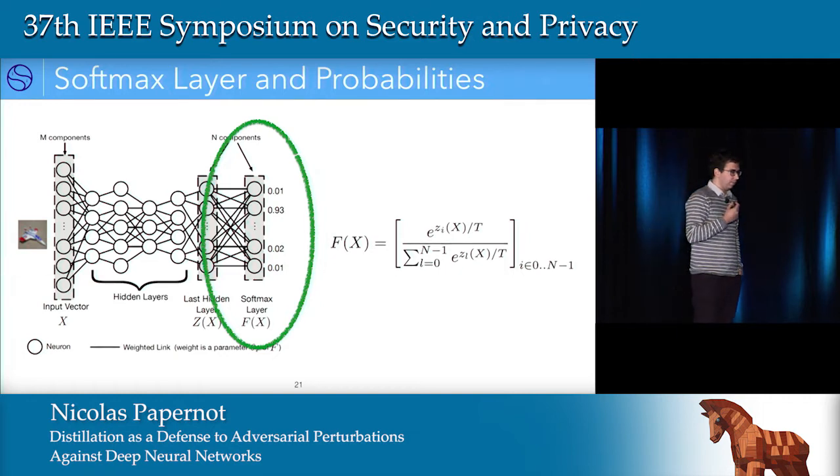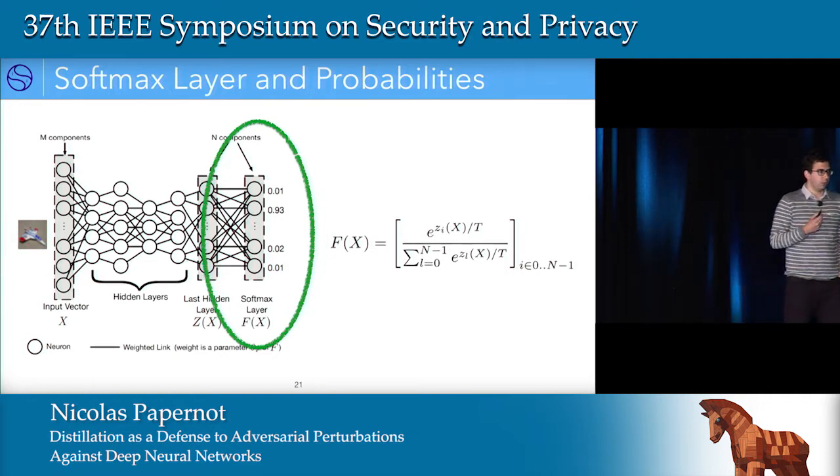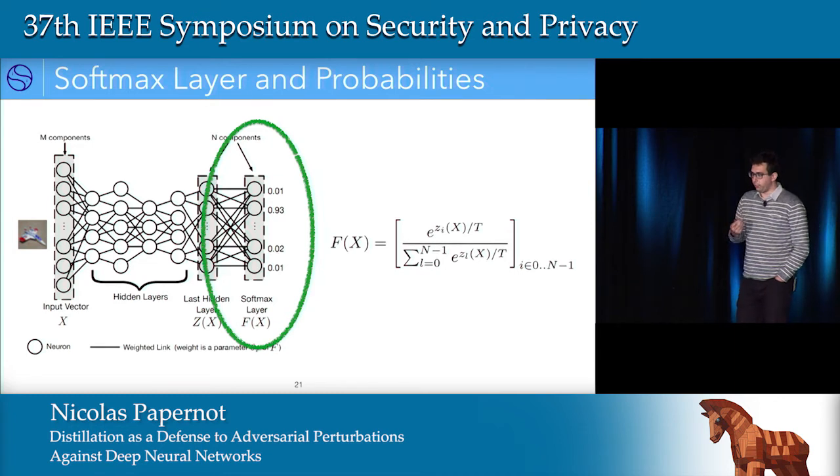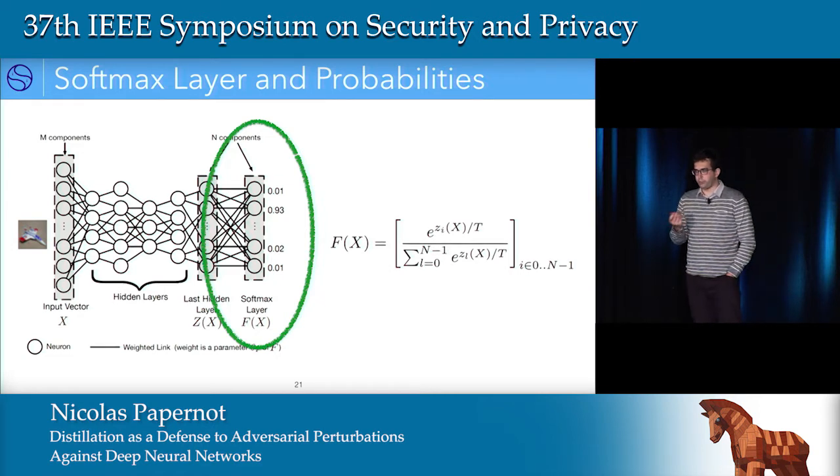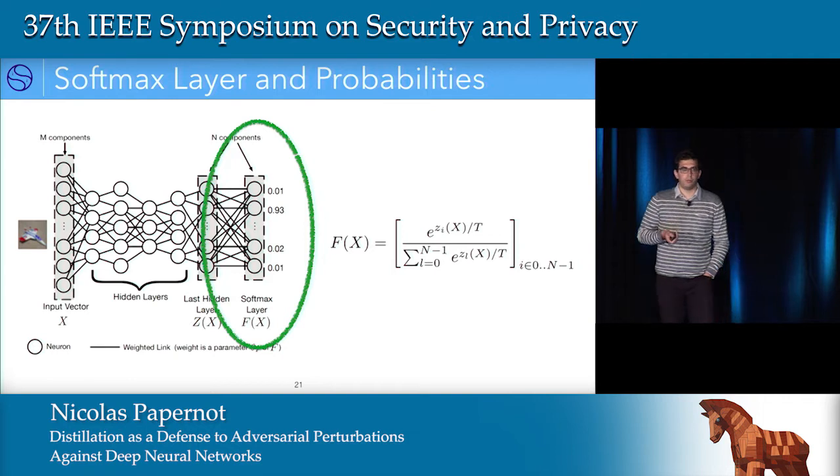What this parameter does is that when you set a low temperature, the probabilities will be extremely discrete, so you will make confident predictions. However, if you increase the temperature, the probability vector will smooth out and converge towards 1 over the number of classes. So typically, people will set the temperature to 1 because they want to make confident predictions.